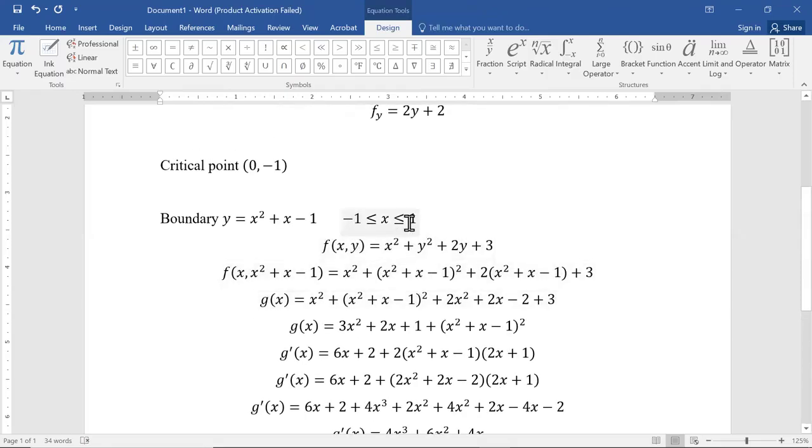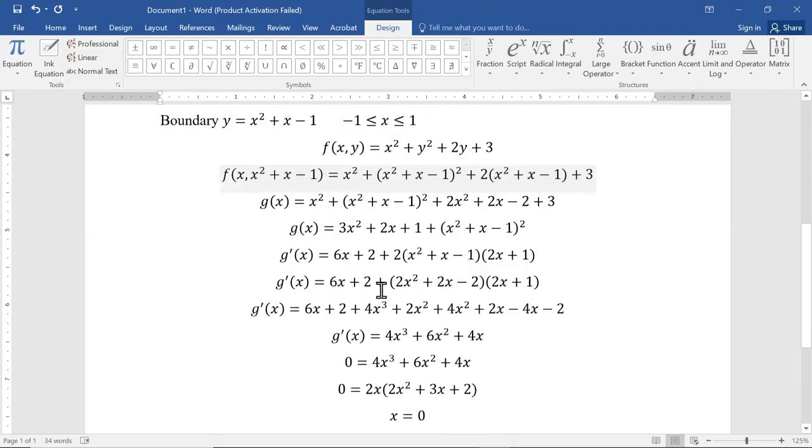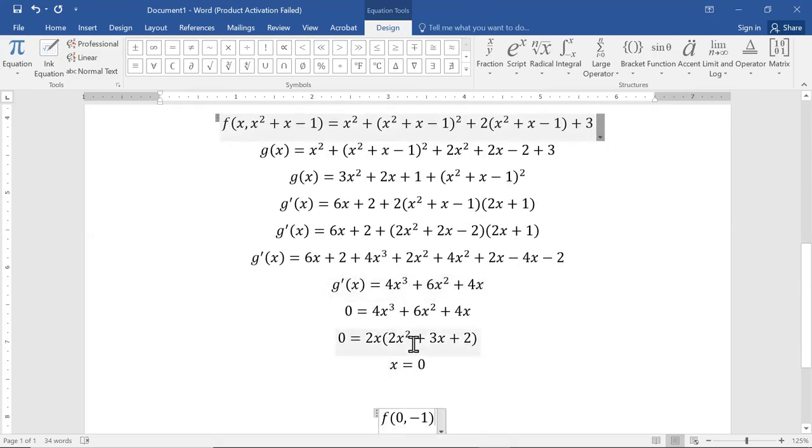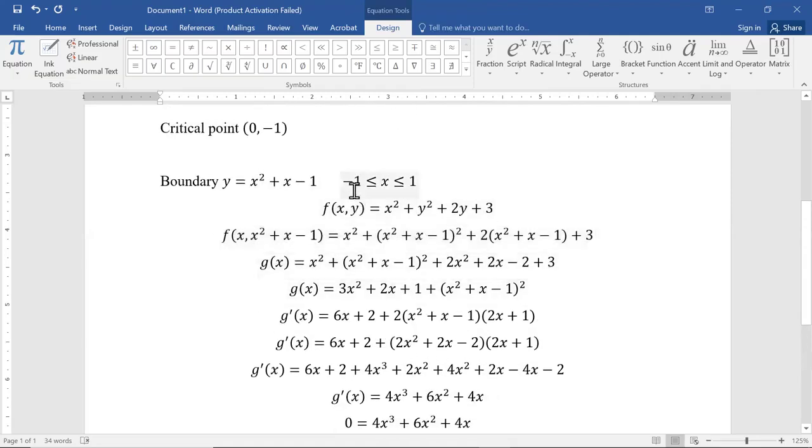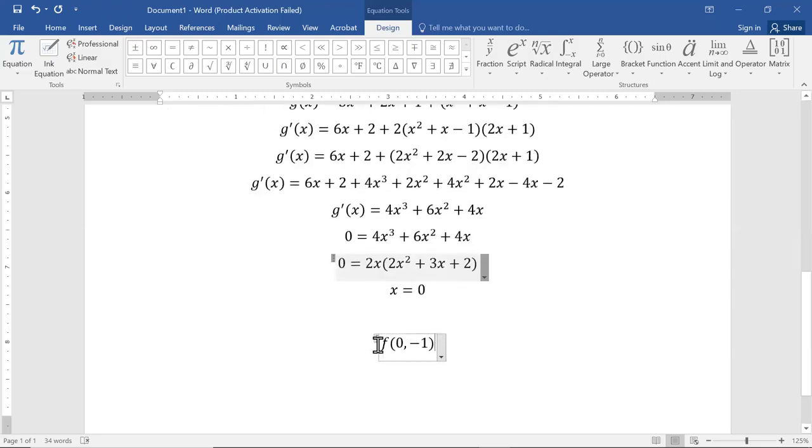along with these two endpoints, I'm sorry. So I only have one value I need to check from the middle of the boundary. I also need to check the endpoints of the boundary too. So let's plug in -1 for x.